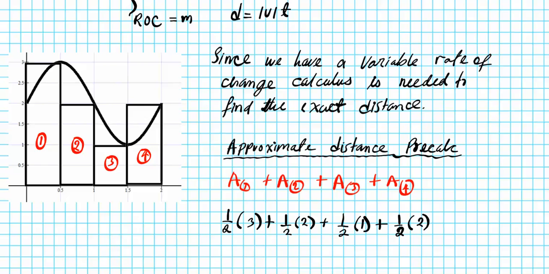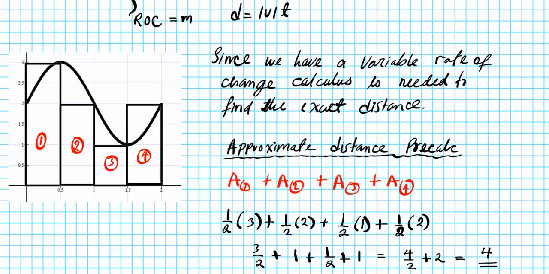Let's simplify this. We have 3 over 2 plus 1 plus 1/2 plus 1. Combining 3 halves and 1/2 gives 4 over 2, which is 2. 2 plus 2 is 4.